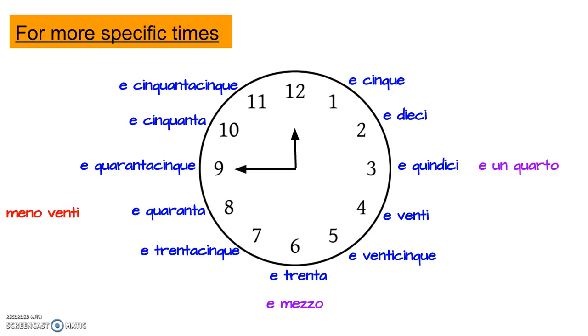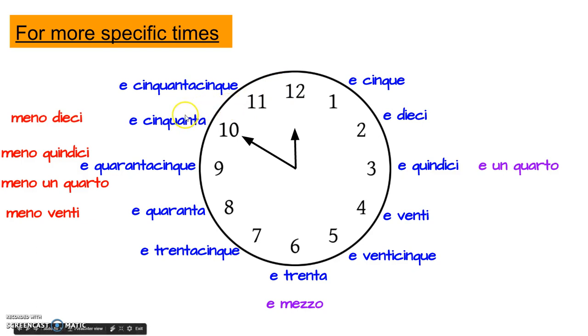You would say all'una meno 15 or all'una meno un quarto if you want to express that it's 1 o'clock minus 15 minutes, or a quarter to 1. All'una meno 10, so at 1 o'clock minus 10 minutes, or at 10 to 1.